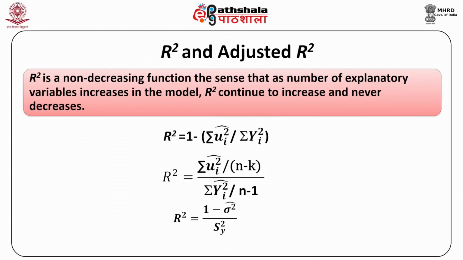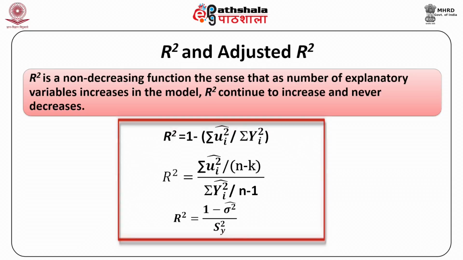R squared and adjusted R square. R square is a non-decreasing function, in the sense that as the number of explanatory variables increases in the model, R square continues to increase and never decreases. We know that R squared is equal to 1 minus sigma u hat squared i divided by sigma y squared i. Here, sigma u hat squared i depends upon the number of explanatory variables.